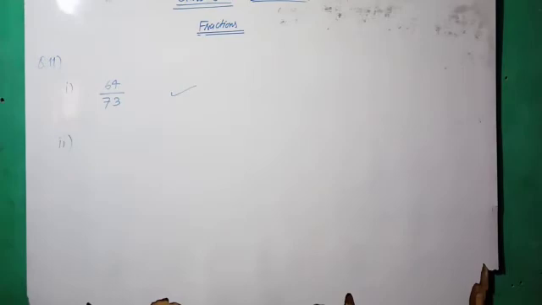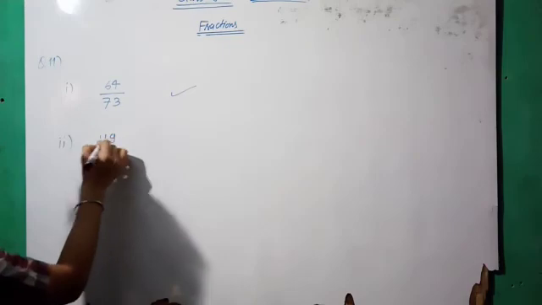Now, so this is in the form of the simplest form. The second one is also in the simplest form. Third one, the common factor is 7. 7 eights are 56 and 7 nines are 63. The fourth one is again in the simplest form, and the fifth one is a very important question. 119 upon 126.